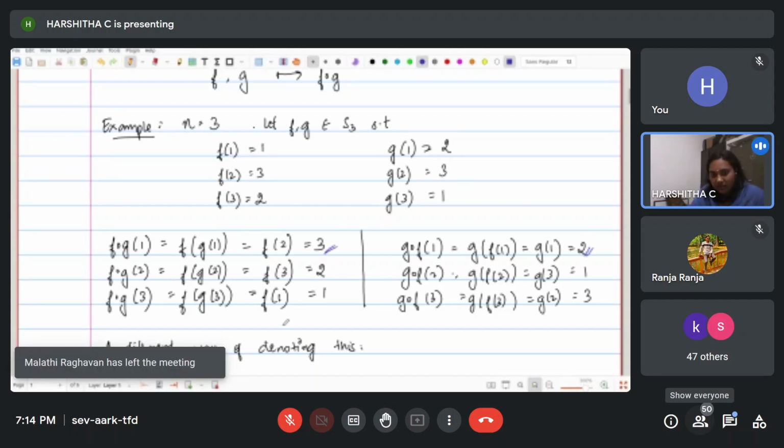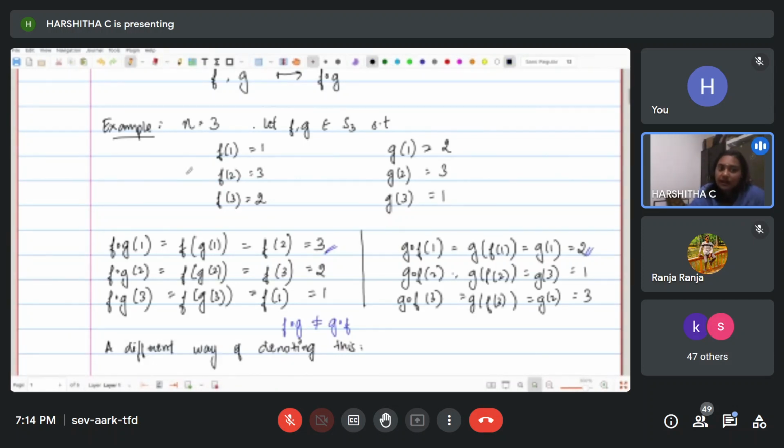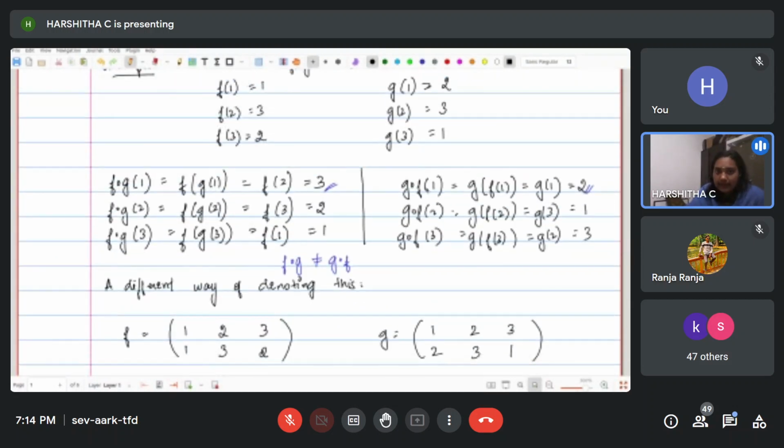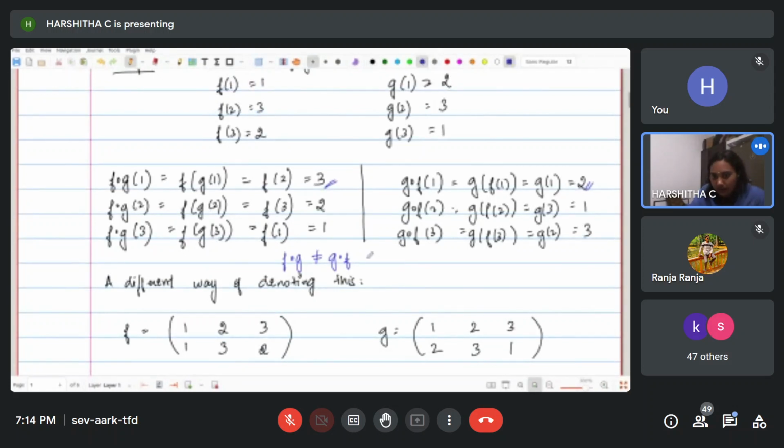So what is the conclusion? F composite G is not equal to G composite F. So from here we conclude that when n is equal to 3, it is not abelian. So S3 is not abelian.